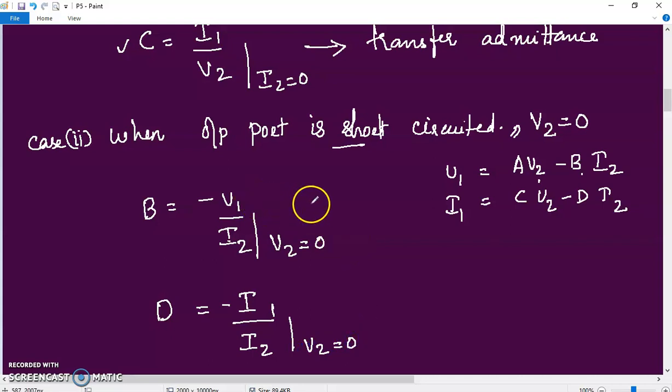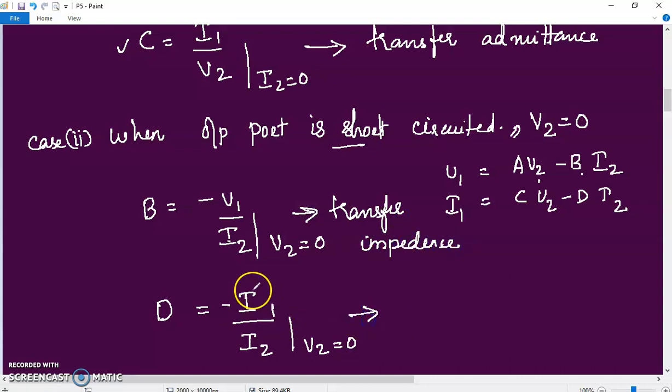B is the transfer impedance. Earlier, for C it was I by V, that was transfer admittance. Here we have V by I, so this is transfer impedance. And here, D is I1 by I2, that is reverse current gain.